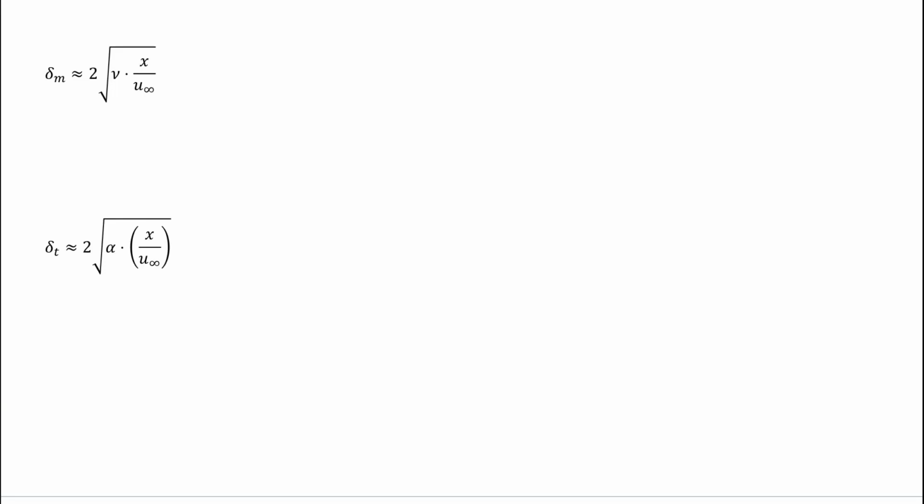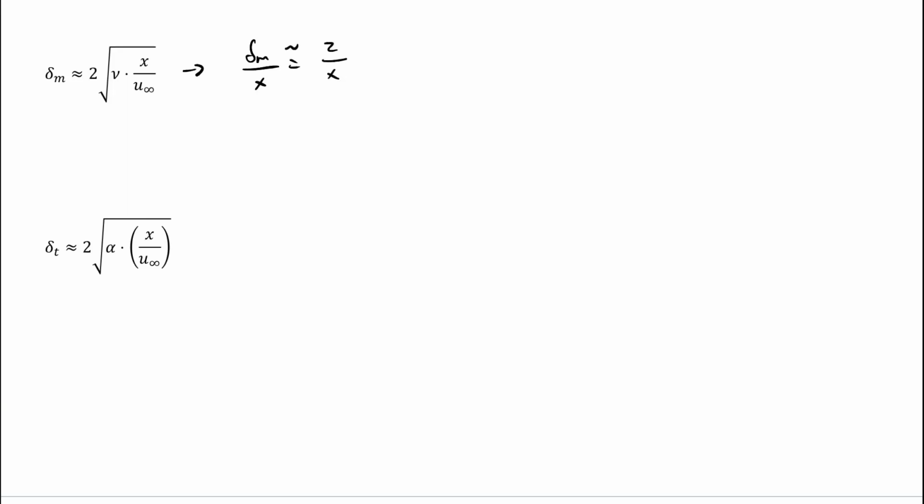All right, so let's start with momentum. Delta M is 2 square root of nu times x over u infinity. What we want to do is get this to a form where we can compare it directly. So just follow the steps with me. We're going to first divide by x on both sides. Make sure to make that approximate.